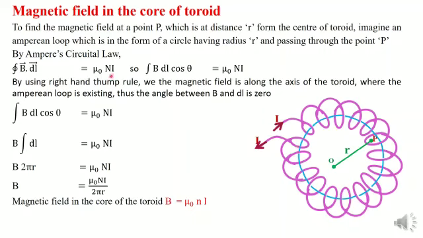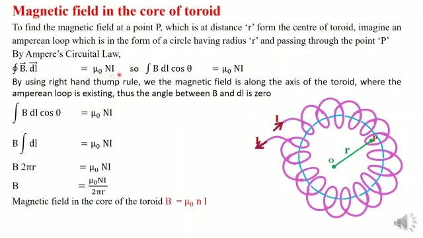So, mu 0 N I. Here B is the magnetic field in the core of the toroid, which is constant, and dl is a small part of the Amperian loop. I is the current flowing through each turn of the toroid. Capital N is the total number of turns of the toroid. So N I is the total current in the toroid.